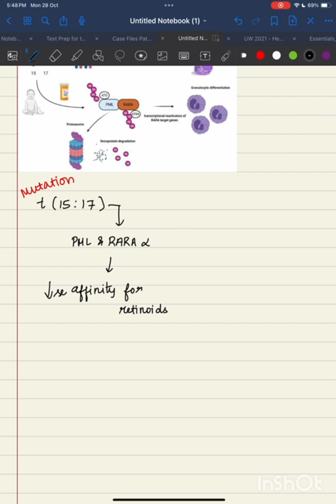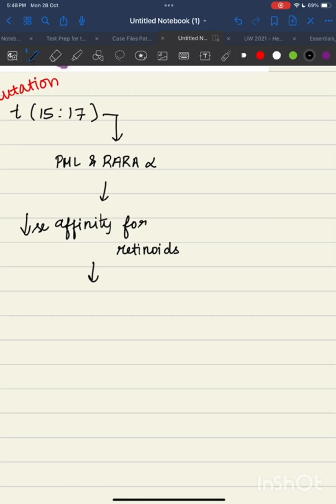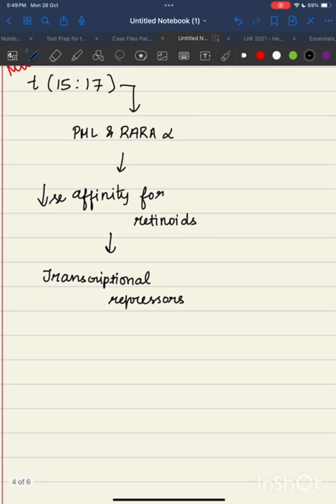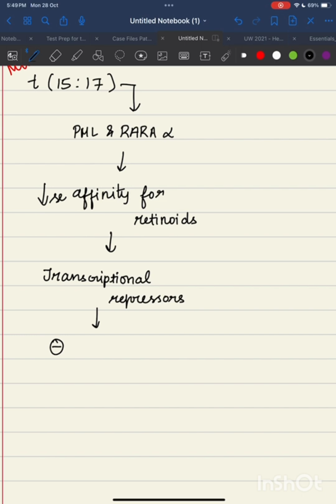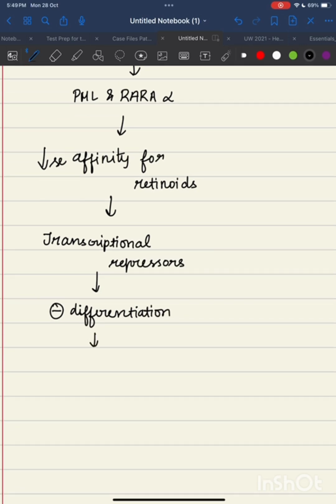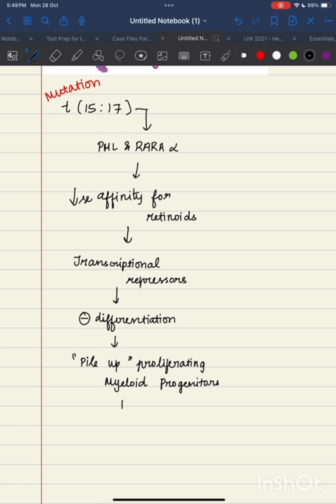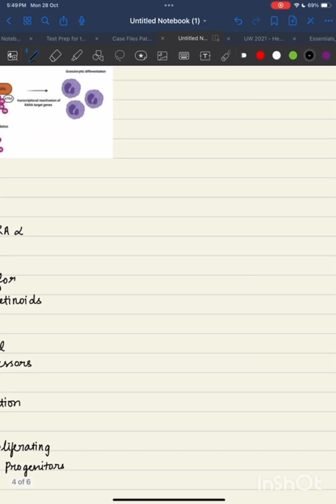So it leads to transcriptional repression. So it blocks differentiation of myeloid cells, which leads to pileup of proliferating myeloid progenitors. So it also results in AML.